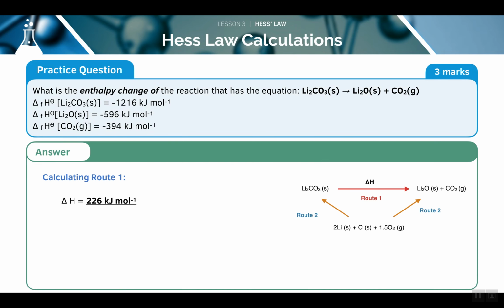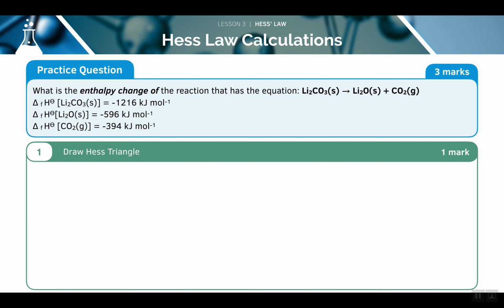This is the answer. Let's go through it step by step to see how we got there. First of all, we need to draw the Hess's Law triangle. So in this instance, we're going from Li2CO3, which is a solid, into Li2O, which is also a solid, and CO2 gas.